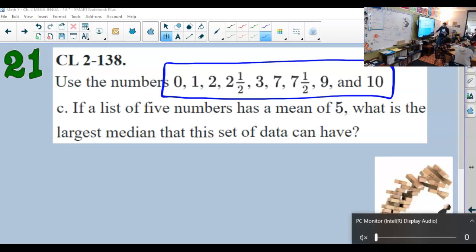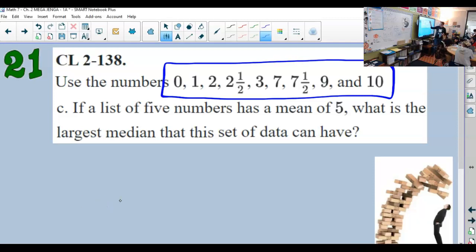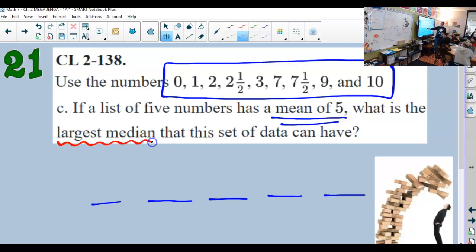All right, let's make sure that this makes sense. I'm not going to do it for you. That's your list of numbers you're allowed to use. You're going to pick 5 of them that need to have a mean of 5. What it's asking you is what's the largest possible median if you put your numbers in order.